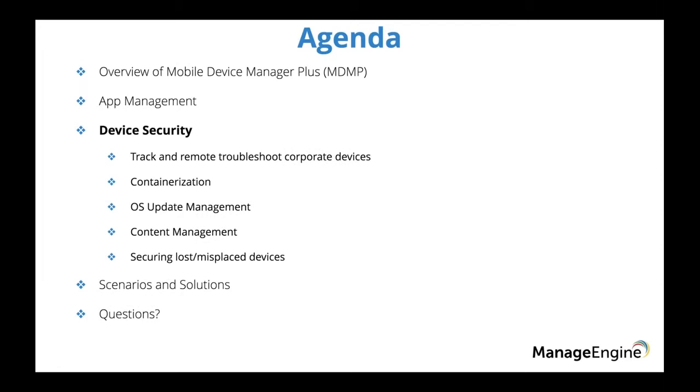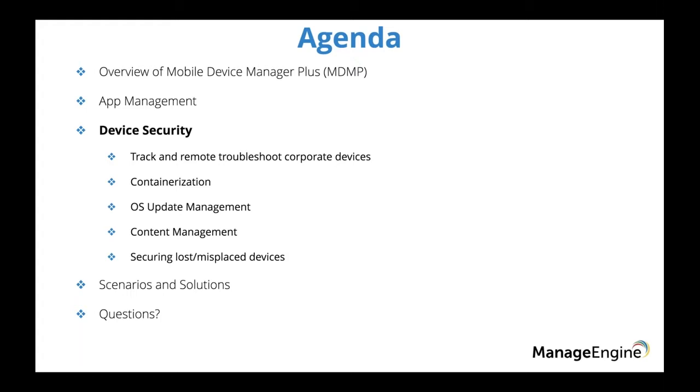Next up, under device security, we will come across a whole host of security-related features provided by MDM, such as tracking and remote troubleshooting your corporate devices, containerization, which essentially allows you to segregate the personal and corporate workspace on the devices, OS update management, which allows organizations to ensure that all the devices that are in its IT environment are running on the latest OS versions, content management, which allows you to securely distribute your business-sensitive documents directly from your MDM server and onto your managed devices.